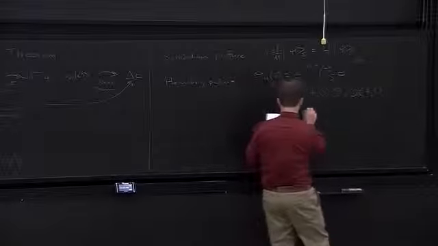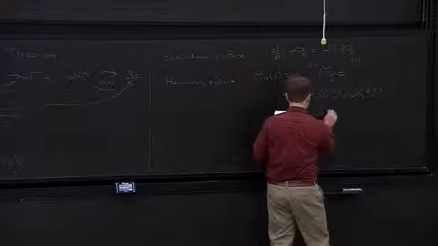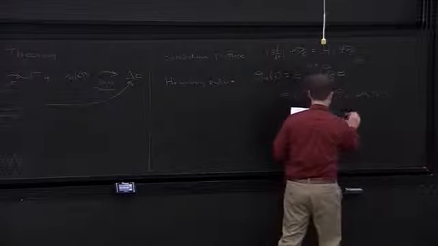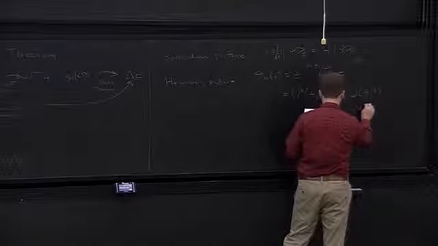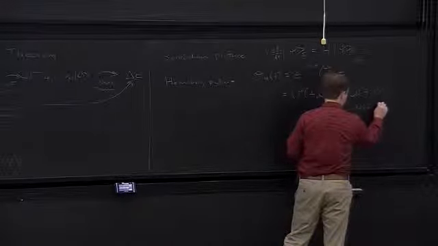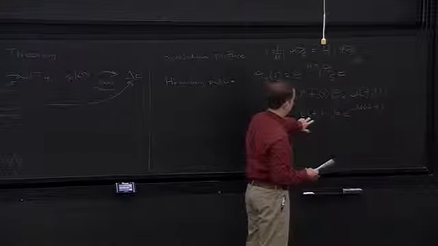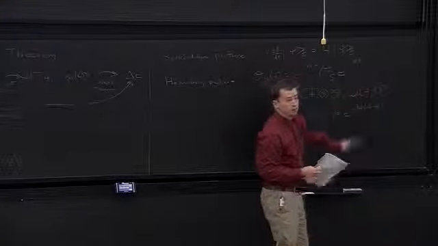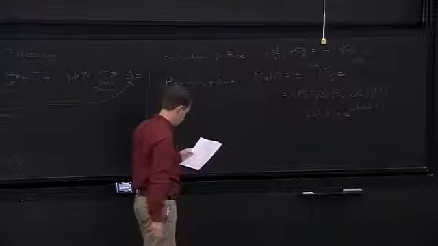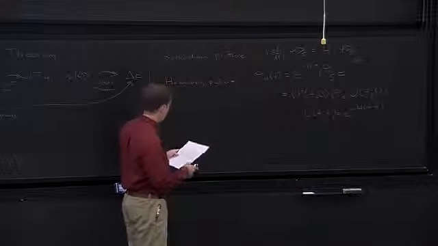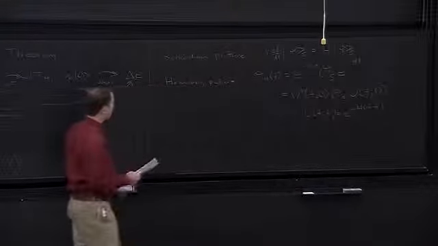In general, U of t, t prime is equal to e to the minus iH times (t minus t prime). And U dagger just flips the sign here. So that's nothing new.